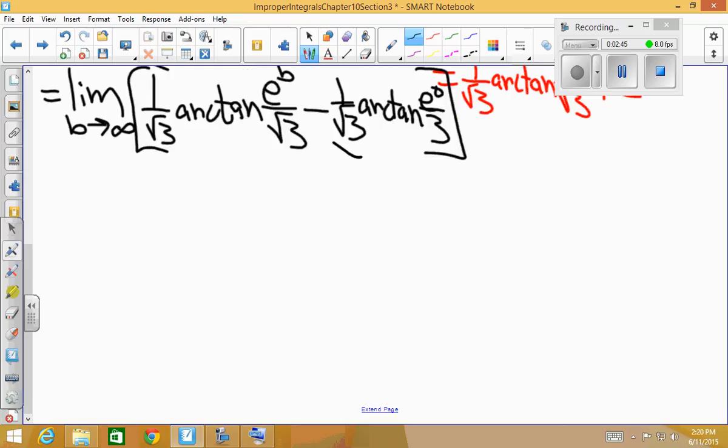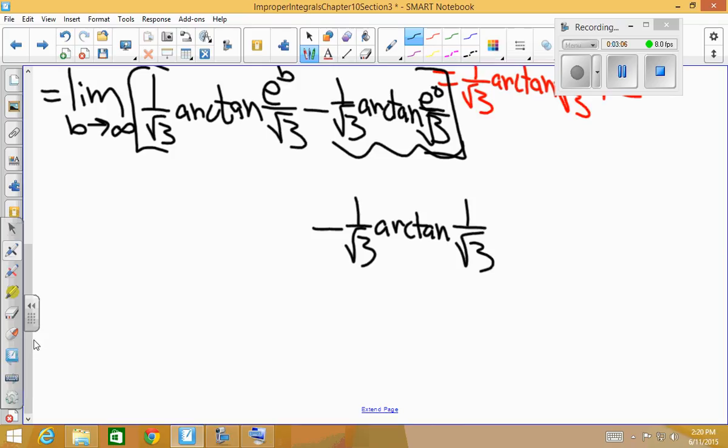The term on the right, which has a square root of 3, is a constant. So when you take its limit, you just end up with that constant. Notice that e to the 0 is equal to 1. So this second term becomes 1 over the square root of 3 arctangent of 1 over the square root of 3. And we may evaluate that some more shortly.